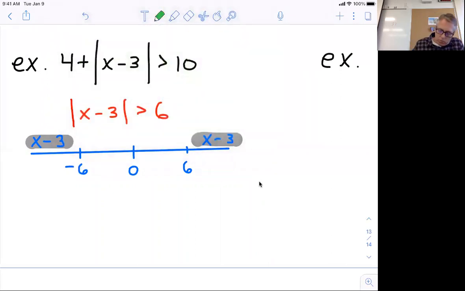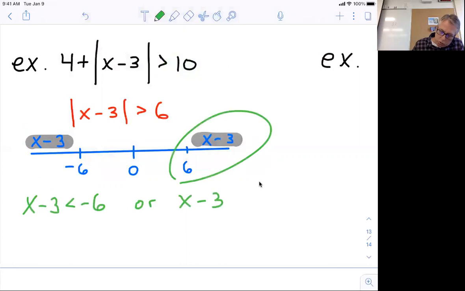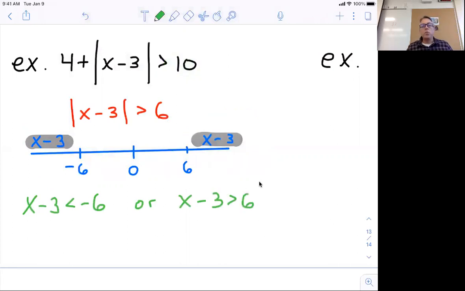All right, so I'm going to keep rolling with this equation here. I have x minus 3 has to be less than -6, or x minus 3 has to be greater than +6. And the reason it's an or statement is because I have 2 different regions for my answers.